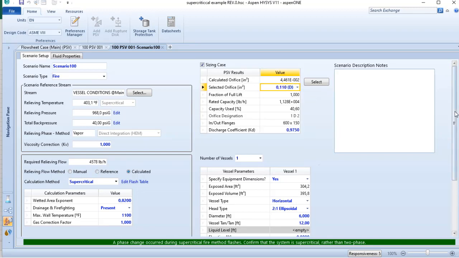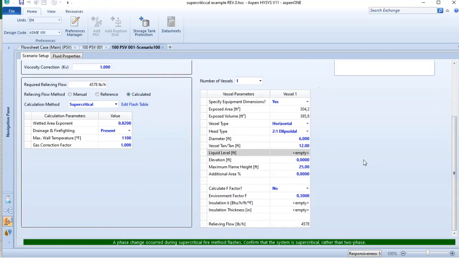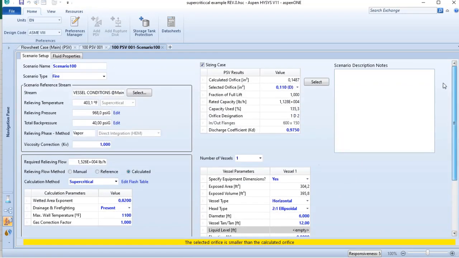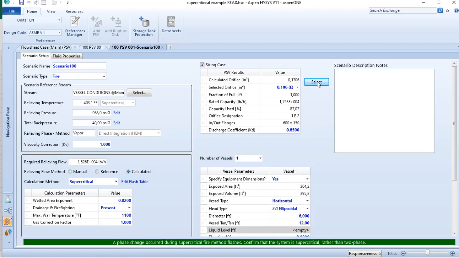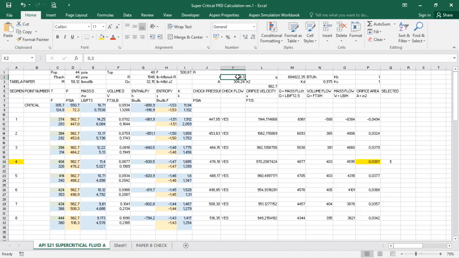So now, as a last verification, let's consider the Richard scenario that uses one as the environment factor. I need to update also the KD. With that, I have the calculation of the orifice, and now I change the orifice size to E. If I return to the spreadsheet and consider environment factor as 1 and the KD as 85, now my calculation is 0.15.